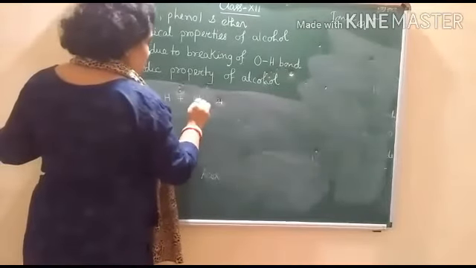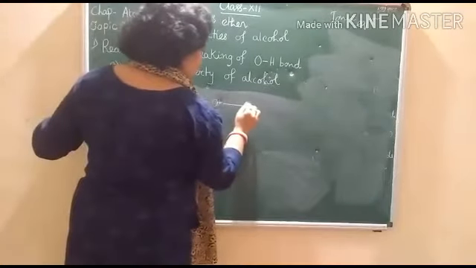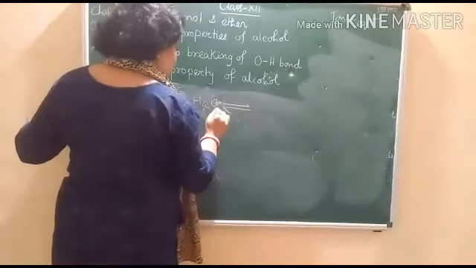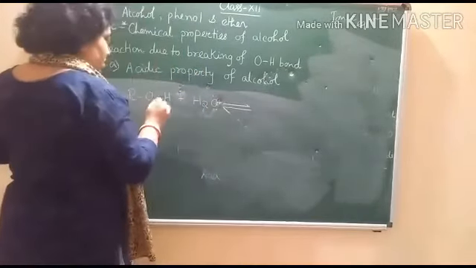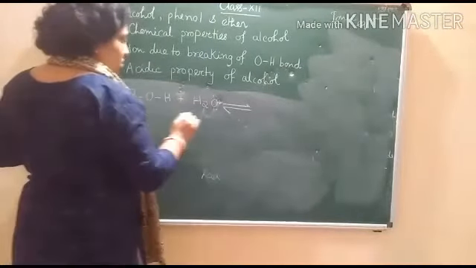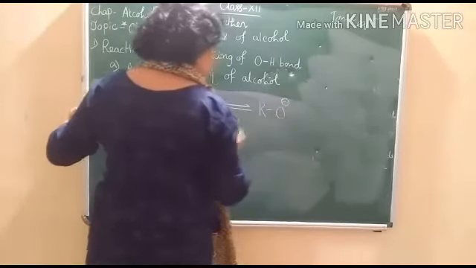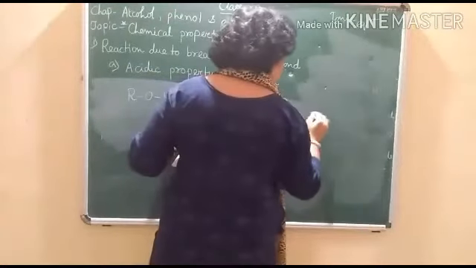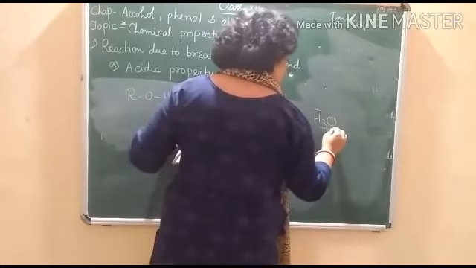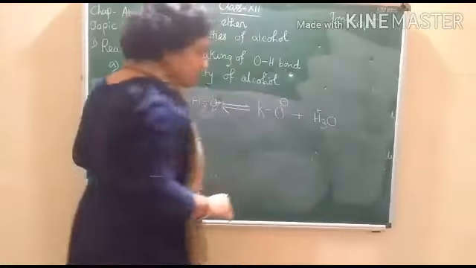ROH and H2O, when it dissociates in water, this bond will break. Alkoxide ion will form. So it is one pair.